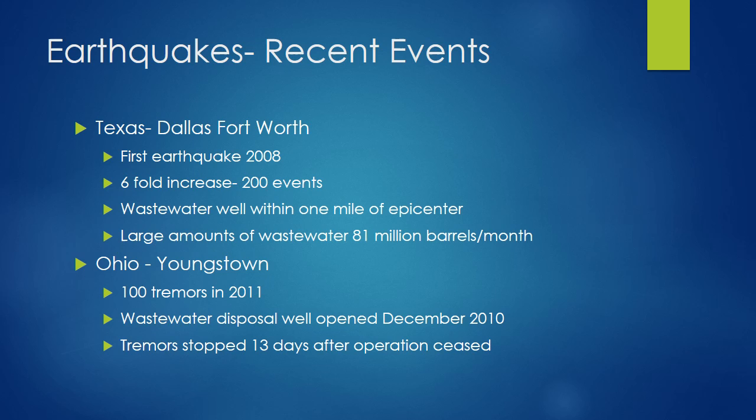The data analyzed show a correlation to the starting and operating days of the well, with the first earthquake happening just 13 days after the start of the operation. Dips in the number of earthquakes were seen when the well was not in operation, including holidays. These earthquakes were found to be along subsurface faults that traveled down the fault due to the increased pressure from the fracking wastewater disposal.